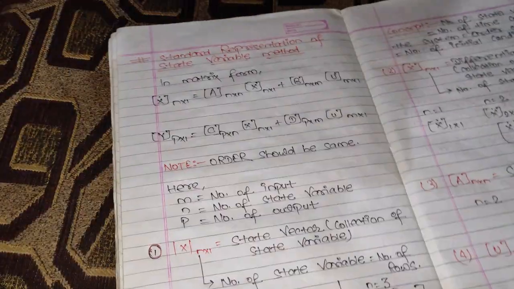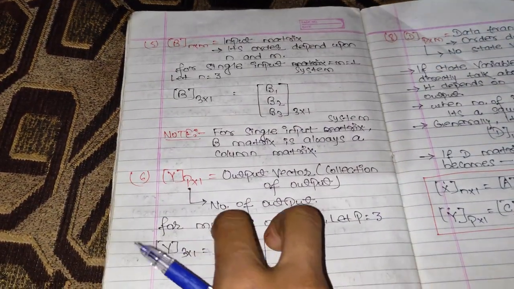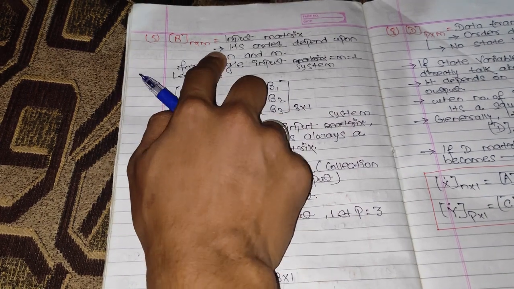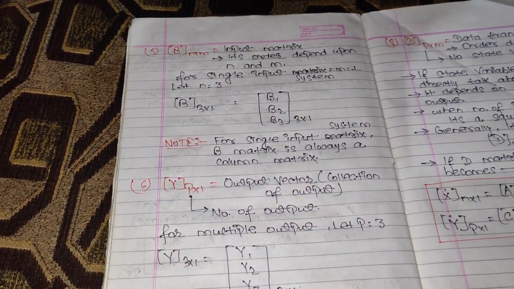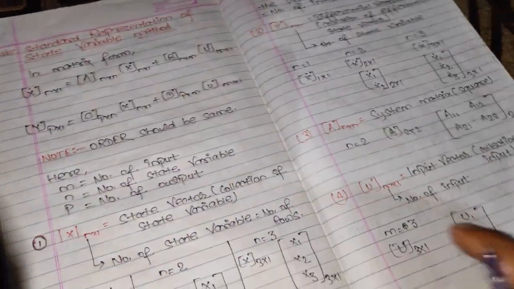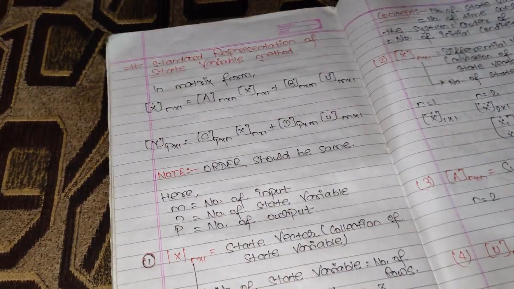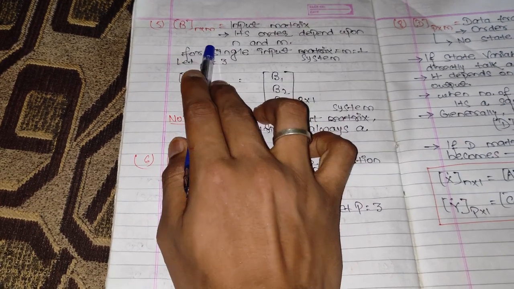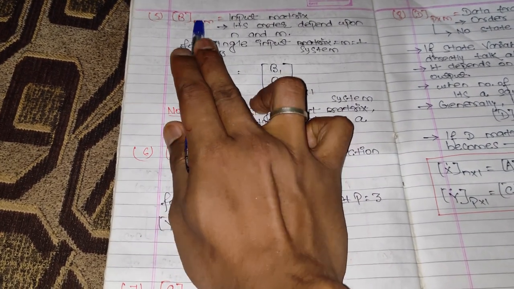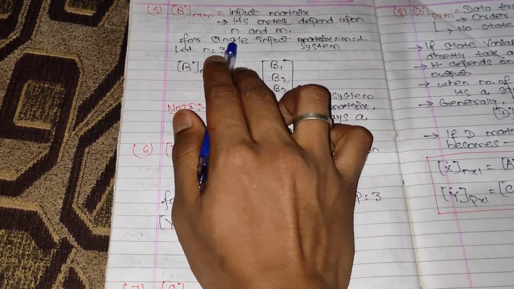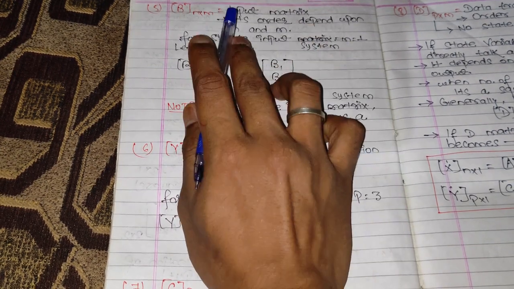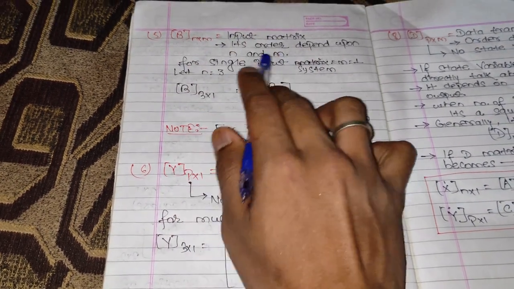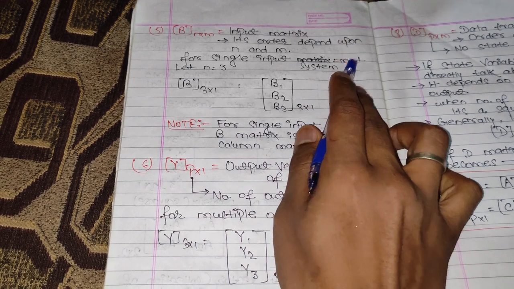Now the next term is B. What is B? B is the input matrix. U is the input variable, but B is the input matrix. Its order completely depends upon the values of n and m. For a single input system, m equal to 1.